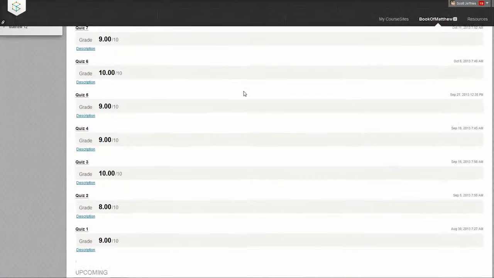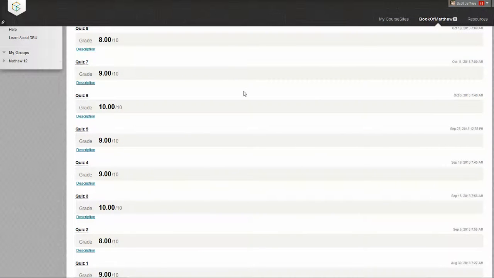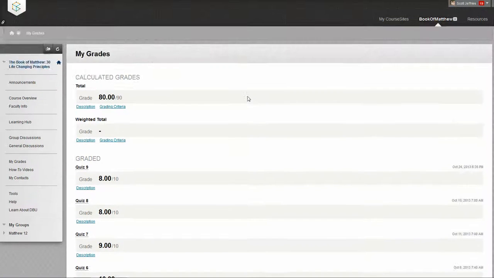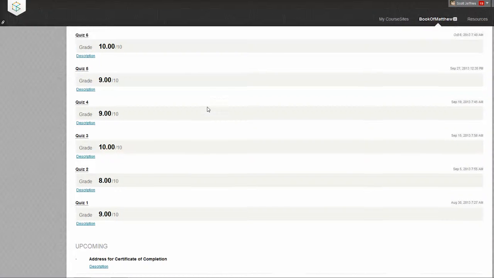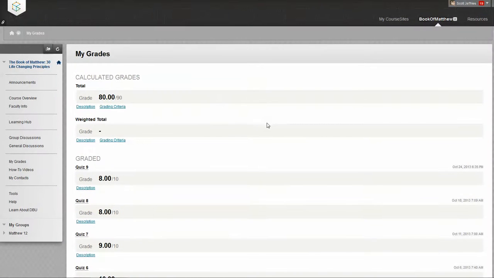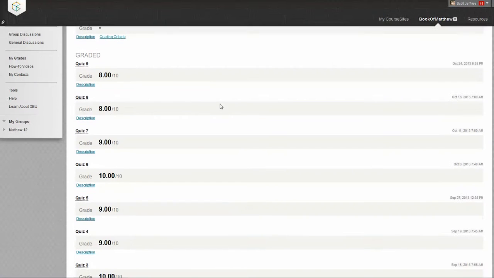I didn't always get a perfect score, but got 80s and above on each one, so I finished with 80 out of 90. So you can see I didn't complete one quiz. But here's my grades, so no heckling that I didn't do as well as I probably should have. But that was my grade, and so that was one way that they would assess the participants in the MOOC.